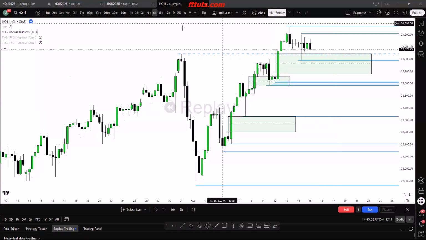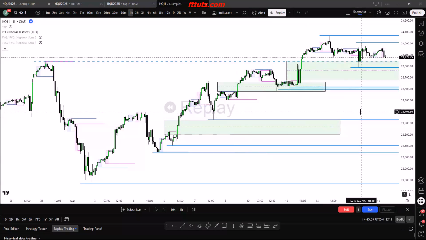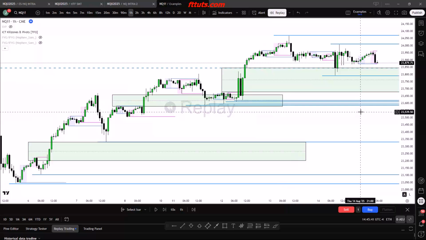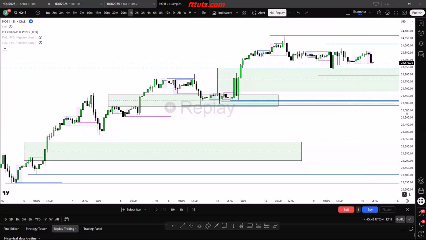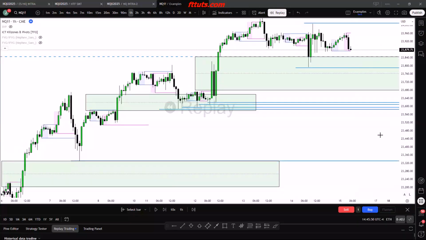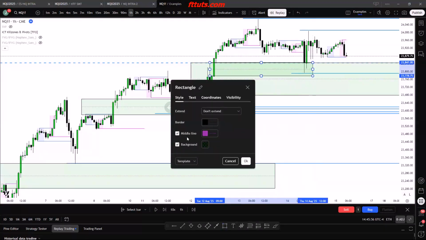Okay. Then I'm going to go down to a lower time frame. I really don't need to go down to an hour, but I could. I just want to see if I can find different situations. And here's a perfect example why you need to look at higher time frames. If I just looked at the 1 hour here, I see a really nice fair value gap right here. And I'll make this darker.